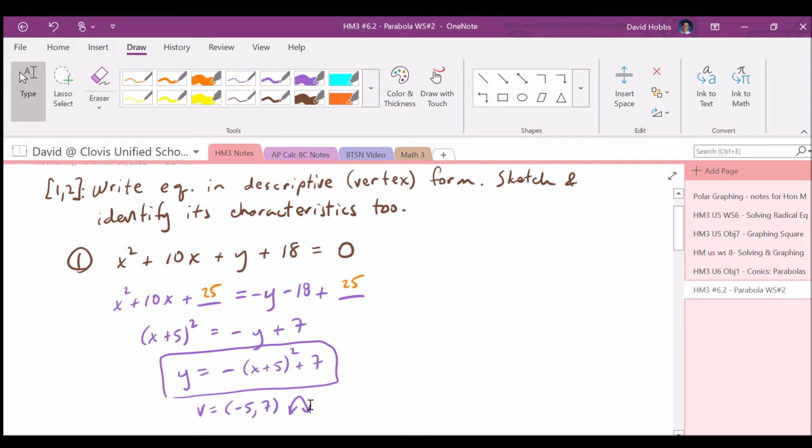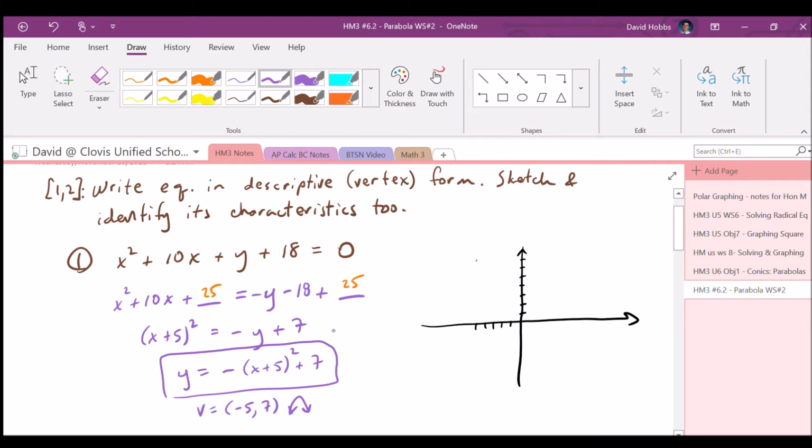Okay, now sketching it. Negative 5, positive 7. My vertex is at negative 5, 7.